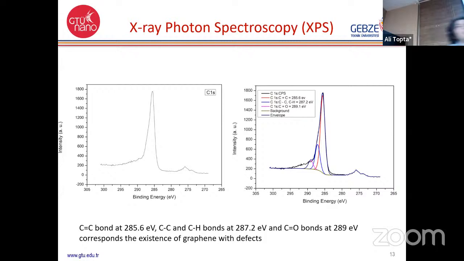Single layer perfect graphene is beautiful if you are using it for solid state applications. If you are using anything that involves liquids, then you actually need these defects that we have in here.